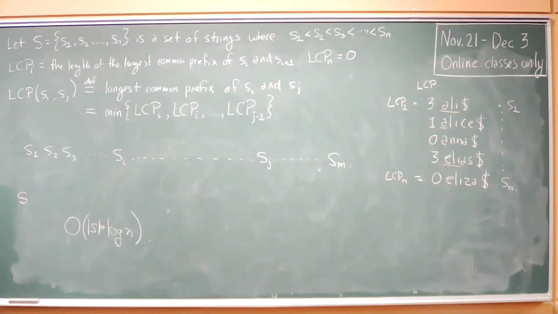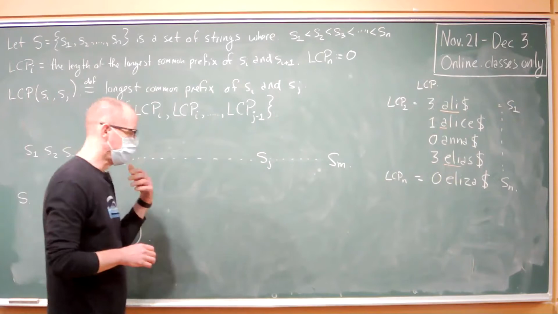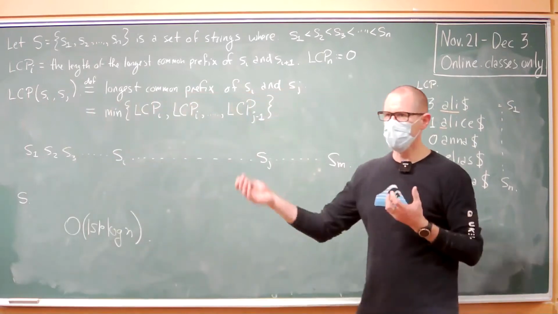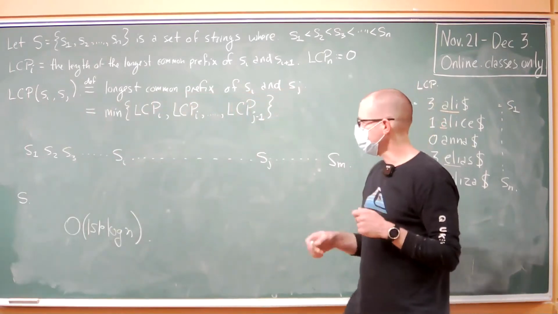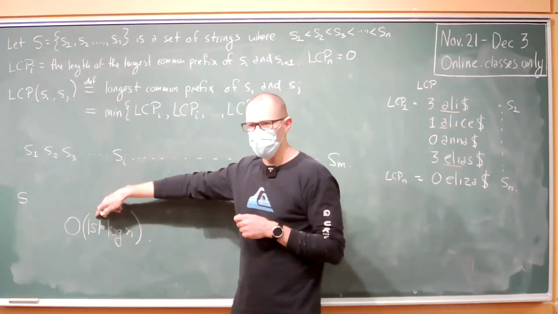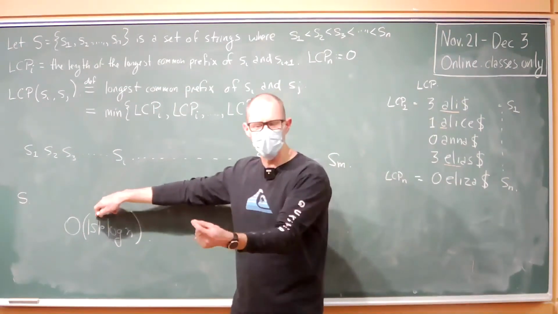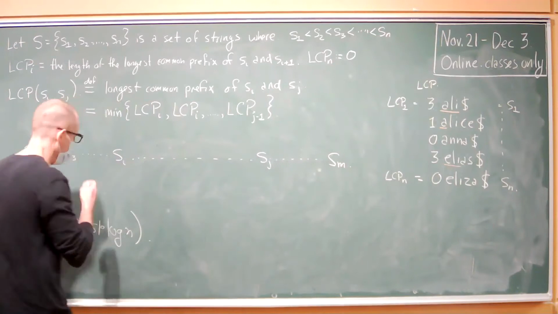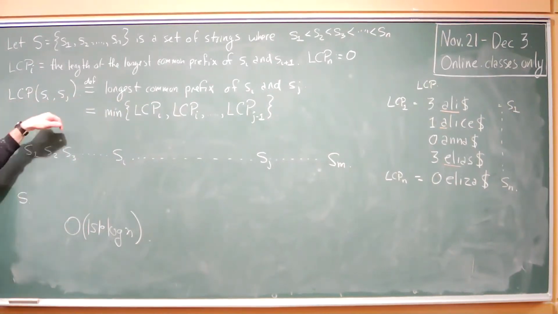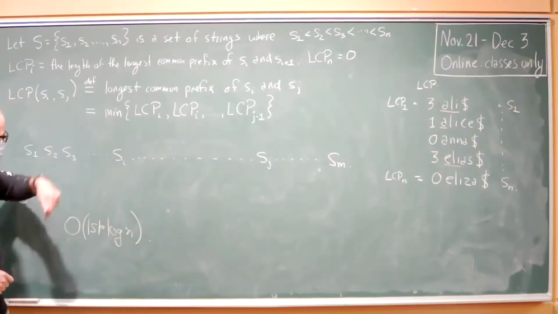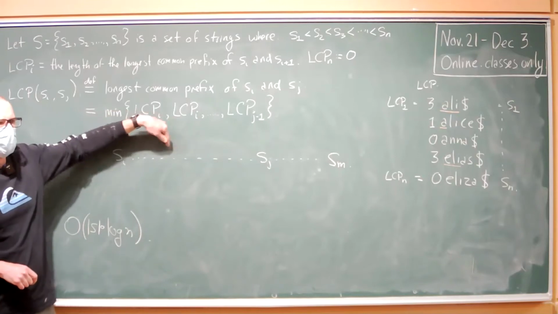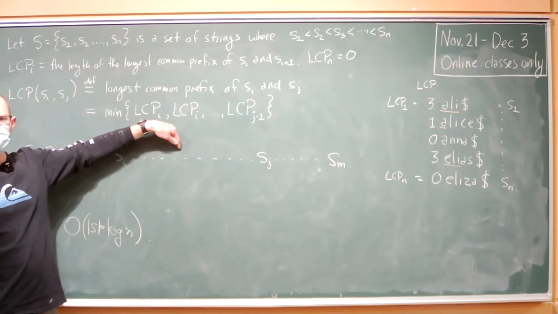And that sounds crazy, right? Like if you compare some string to some random string, then it seems like you're going to resolve the comparison much sooner than having to look at all of S. But what binary search does is it keeps narrowing down the range for S to strings which are closer and closer to S, meaning that they actually match more and more characters of S typically.